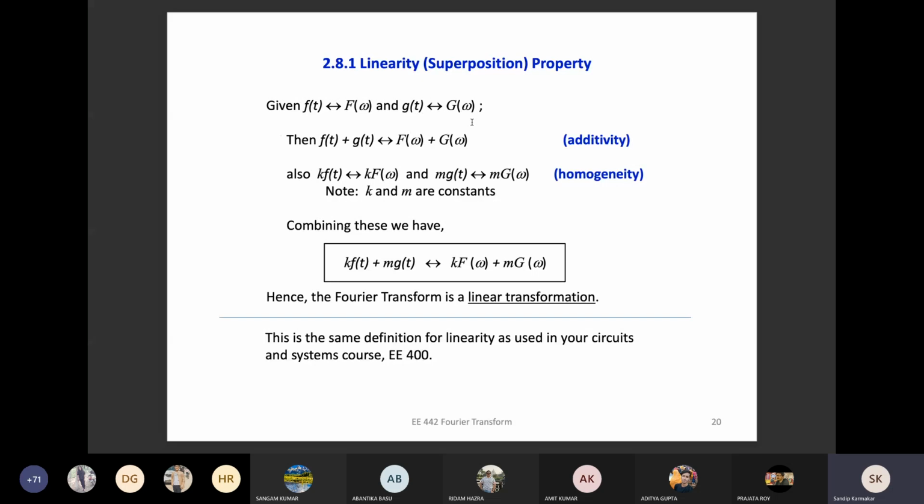Linearity says that if the Fourier transform of f(t) is F(omega) and the Fourier transform of g(t) is G(omega), then the transform of f(t) plus g(t) is F(omega) plus G(omega). Also, the transform of k f(t) is k F(omega) and of m g(t) is m G(omega), where k and m are constants. Combining this, the transform of k f(t) plus m g(t) is k F(omega) plus m G(omega). Hence, the Fourier transform is a linear transformation.